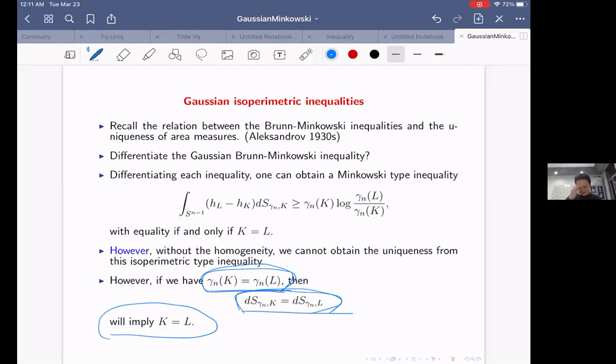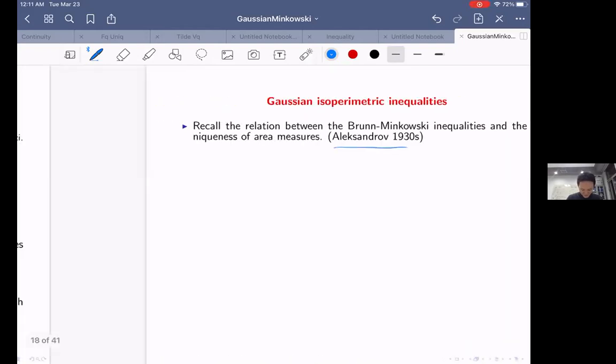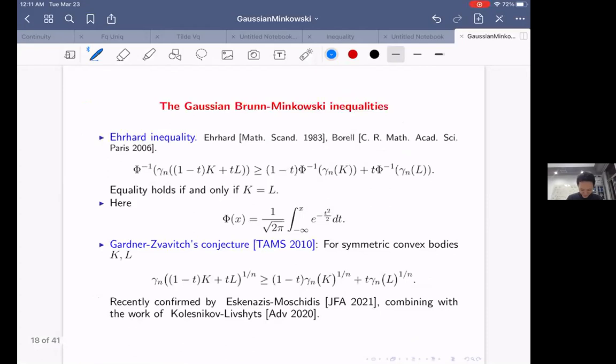I think the main reason may be that this one is not homogeneous, and this inequality is also not. But if we look at this one, it's almost homogeneous.